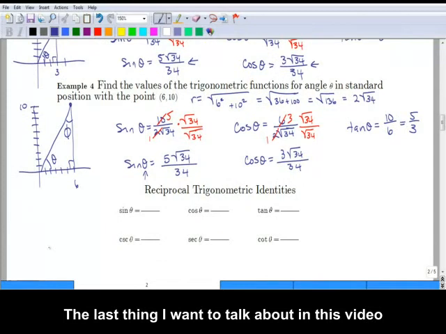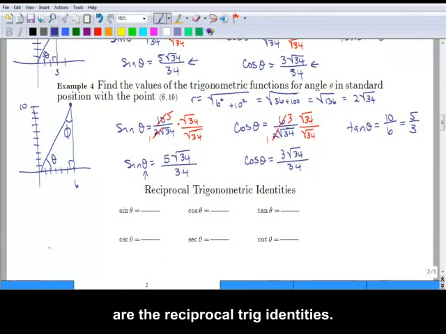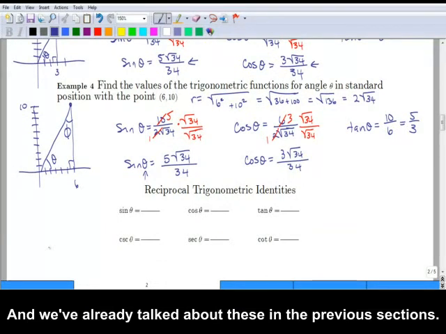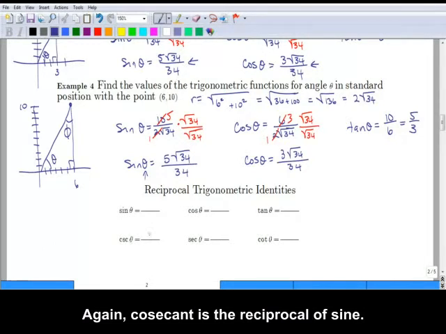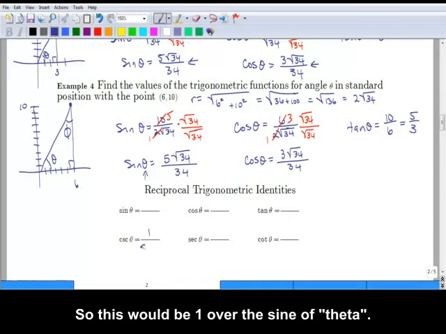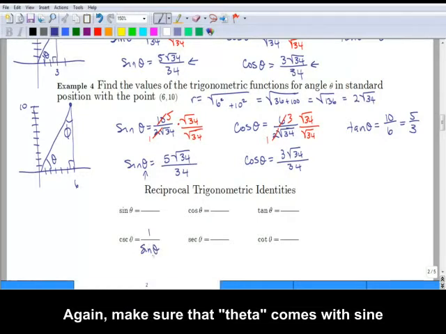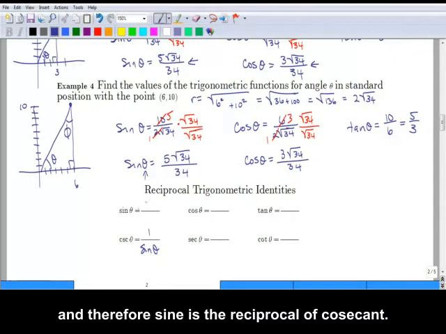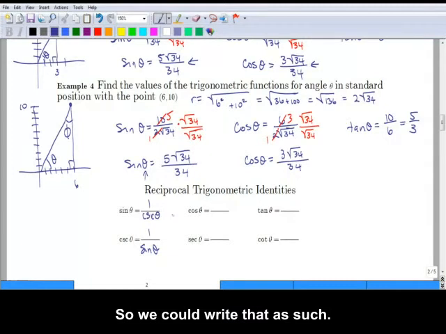The last thing I want to talk about in this video are the reciprocal trig identities, and we've already talked about these in the previous sections. Again, cosecant is the reciprocal of sine, so this would be 1 over the sine of theta. Again, make sure that theta comes with sine, and therefore sine is the reciprocal of cosecant, so we could write that as such.